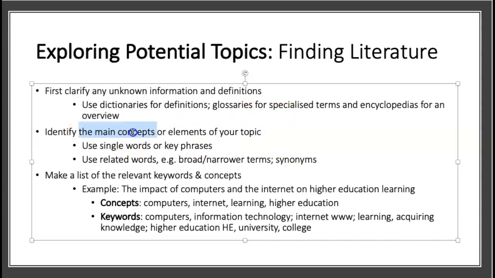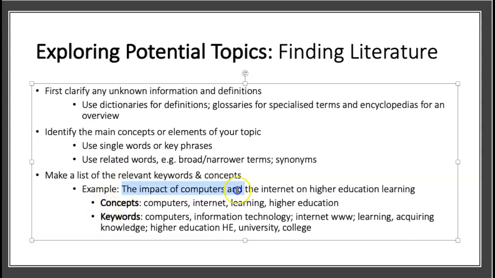Identify the main concepts or elements of your topic. So these are key words and phrases. Now you use related words, and you usually try to make your topic as focused as possible. I'm going to be going into that in a moment. So it's very important that you think about what are the concepts and what are the keywords associated with your topic.